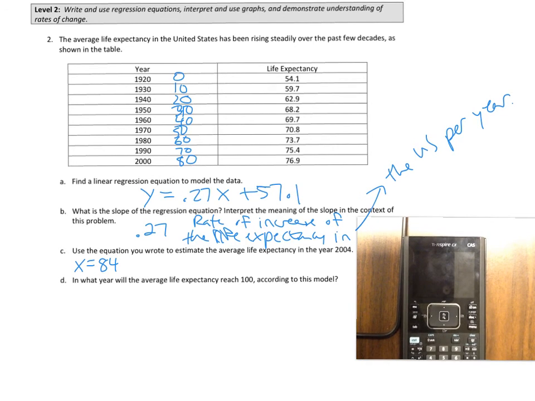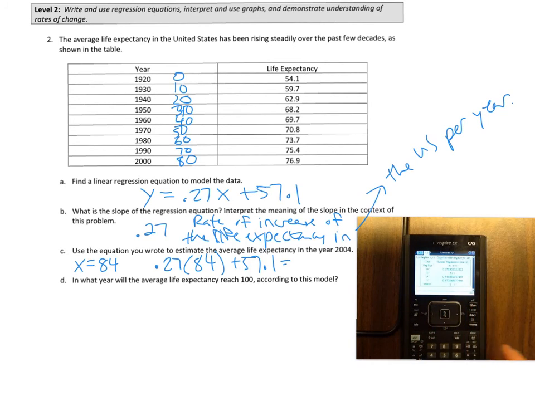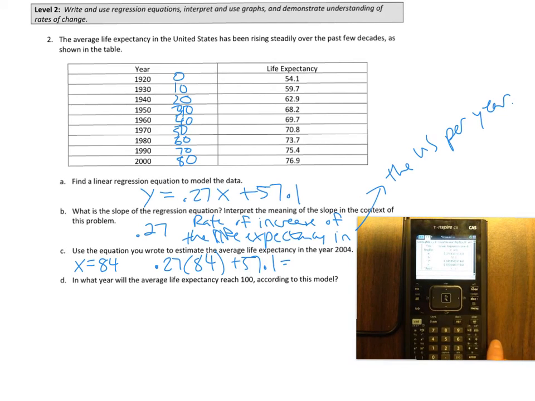So I get 0.27 times 84 plus 57.1, and we plug that in our calculator, and we're already in a calculate page. You could do it in your regular calculate screen, but it should be fine to do it here. 0.27 times 84 plus 57.1, and we get 79.78.